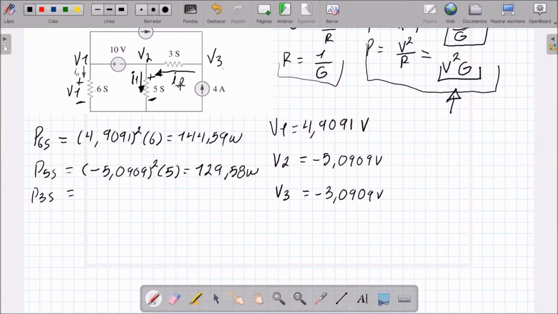We could do it in the following way: determine the current. Remember that we had already said that it would be V3 minus V2. V3 would be minus 3.090909 minus V2, and V2 negative 5 would be plus 5.0909.